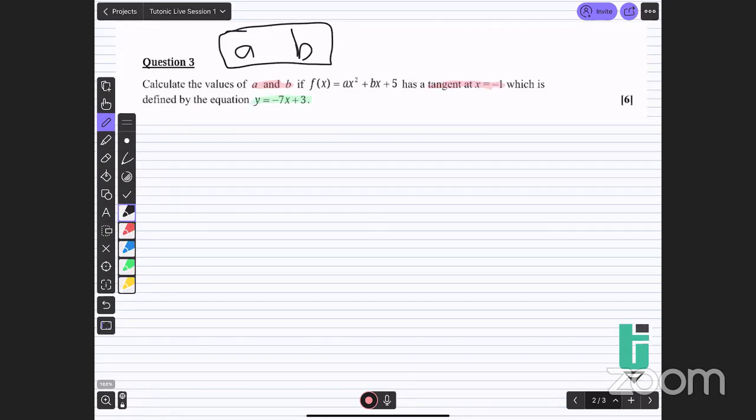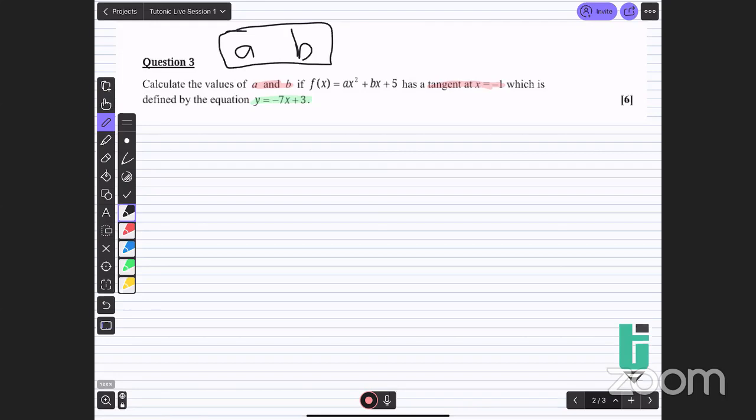Okay. So do you guys know of any two pieces of information that we can use? The gradient of the function. What about the gradient? What's that rule we said?